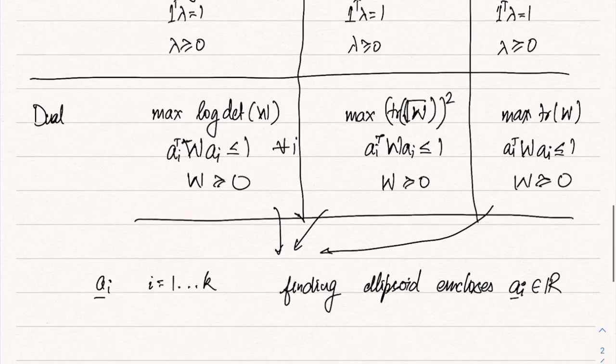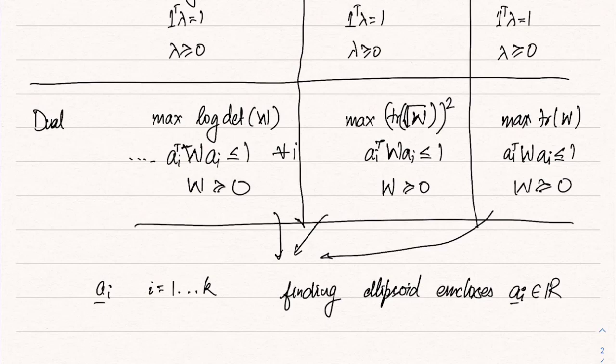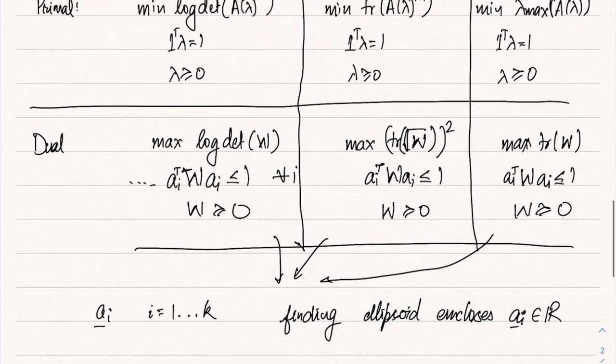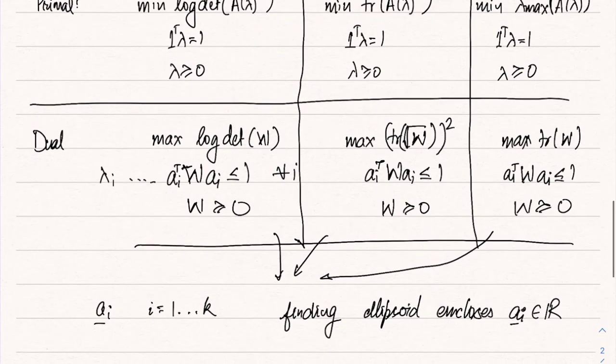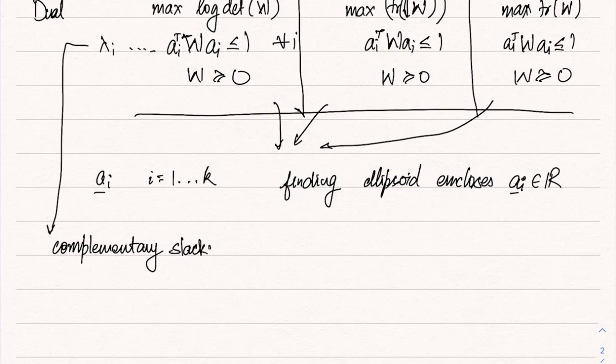There's one more point that you can observe from here. Suppose that I associate some dual variable with these constraints. Actually, that dual variable will be exactly lambda i, right? And what we will obtain from here, let's say, is complementary slackness. So what does complementary slackness mean? Complementary slackness says that lambda i times (ai transpose W ai minus 1) is equal to 0.